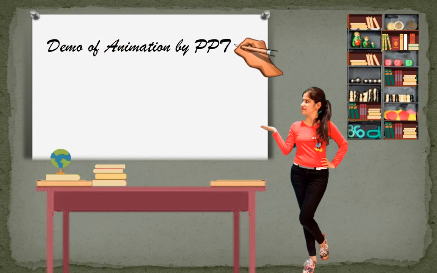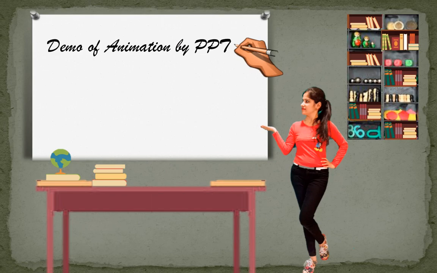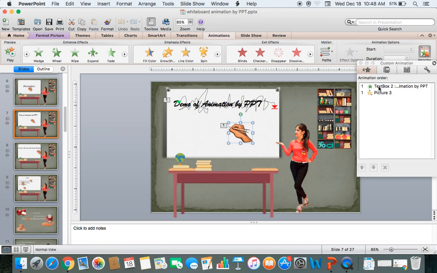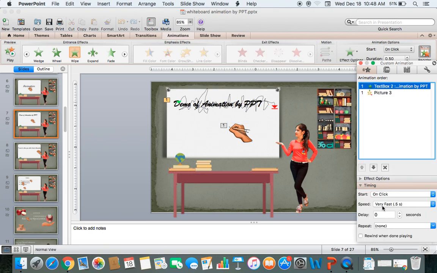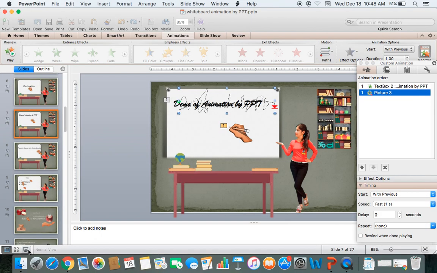Like, see, okay. Now you can adjust if you want to make it very fast, meaning the timing of both of these is very fast. It should work like this, then you can put it in this and see.